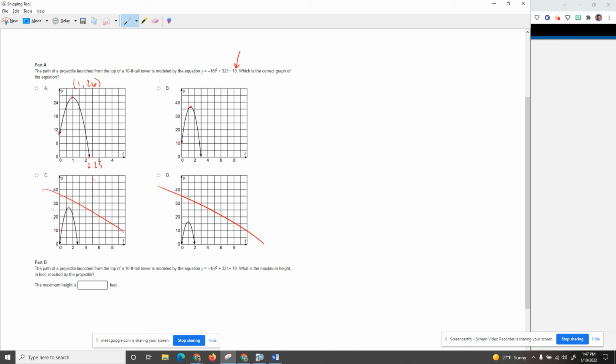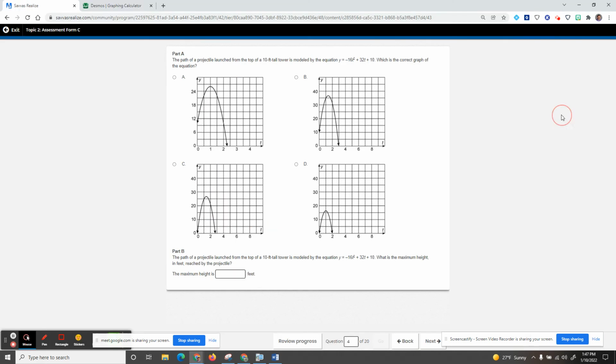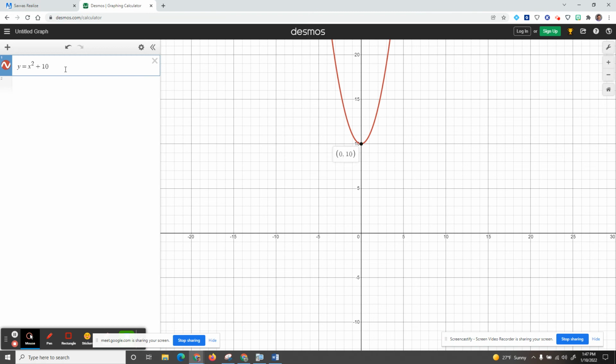For answer choice B, it looks like the vertex is at about 1.5, and I don't know, maybe about 36. And then it looks like the x-intercept's at 3. So when I graph this on Desmos, one of them should appear like it's the answer more than the other, right? So maybe those numbers aren't exactly right, but one of them will definitely be closer.